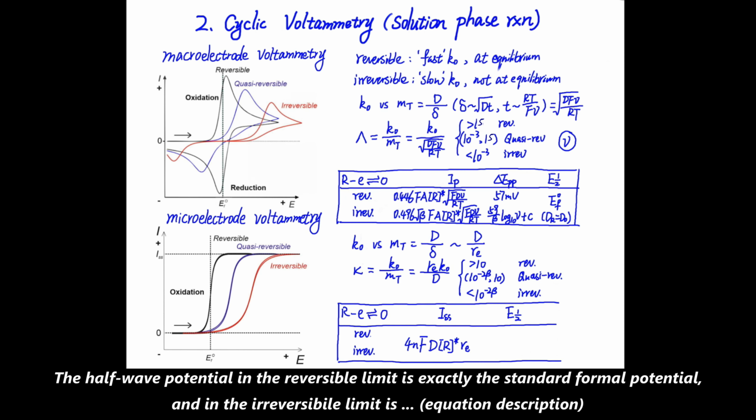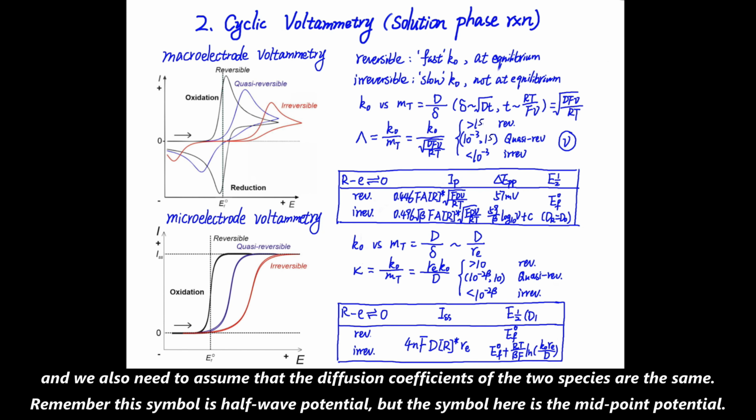And the half-wave potential in the reversible limit is exactly the standard formal potential, and in the irreversible limit is the standard formal potential plus RT divided by beta F times ln of k0 r_e divided by D, which is kappa, basically. And we also need to assume the diffusion coefficients of the two species are the same.